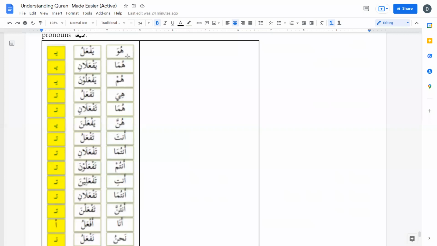If it is huwa form or hiya form or anta form or ana or nahnu, then these five fi'l mudare for particular doers like huwa, hiya, anta, ana, and nahnu end in dhamma, and for huwa it is ya beginning.